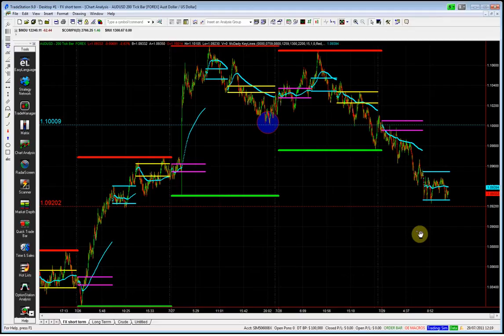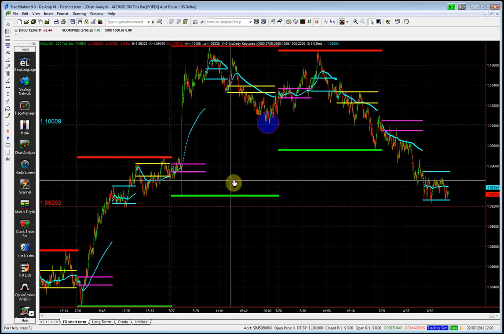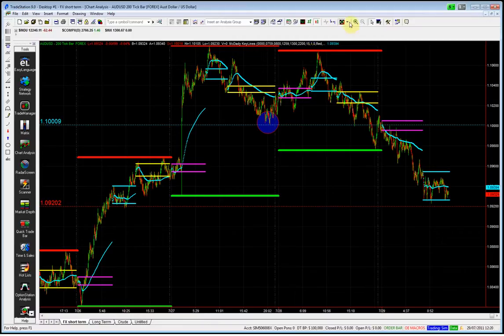So the short point is going to be 109.20. If we go short at the 109.20, we're going to have our stop taking in the 2-day low. So we're going to have our stop at 109.40.